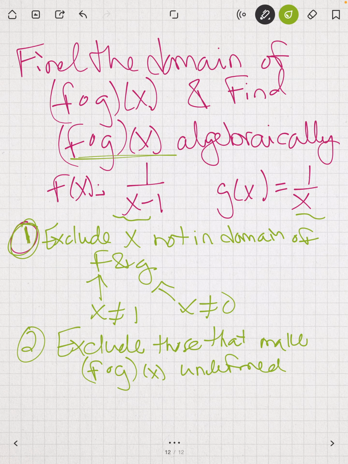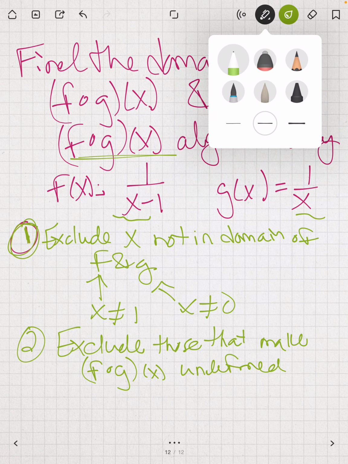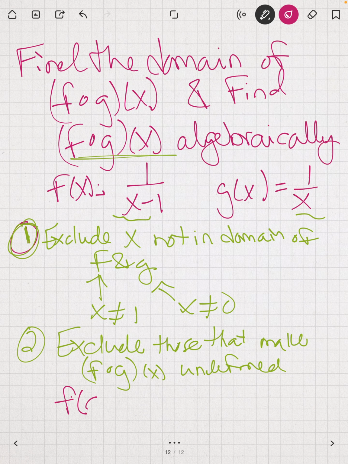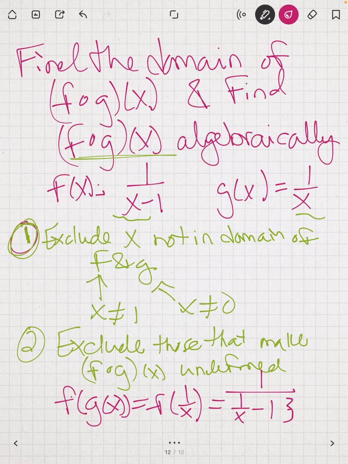f compose g of x is going to be f of 1 over x. So that's 1 over 1 over x minus 1. And this denominator can't be 0.